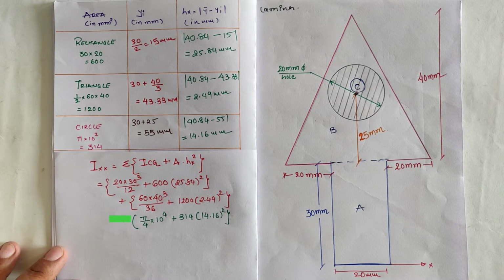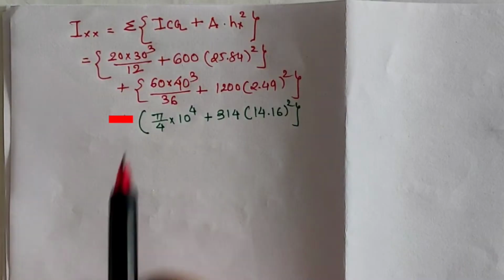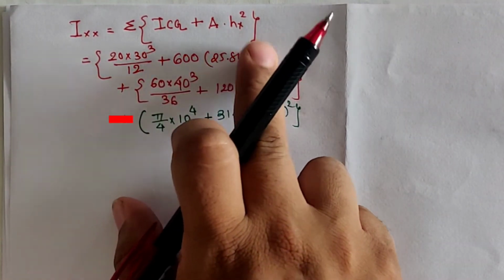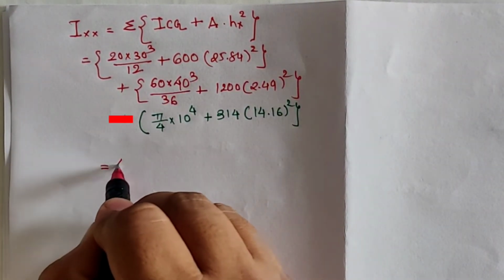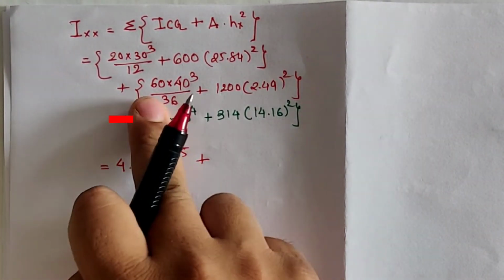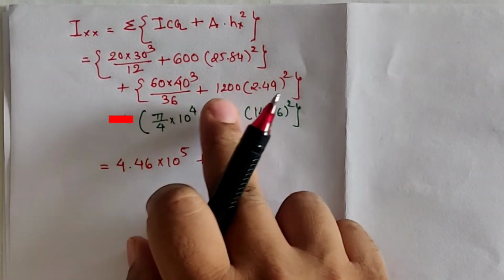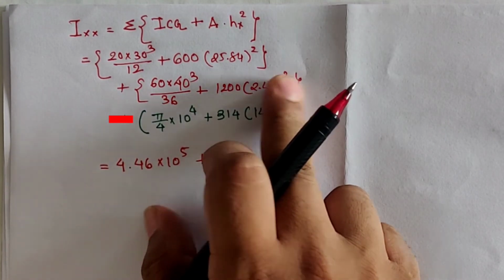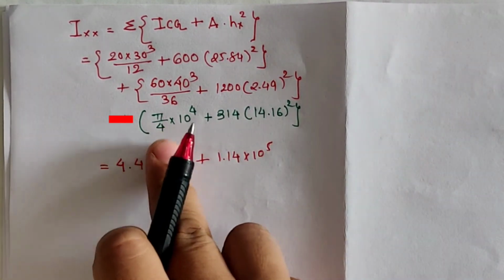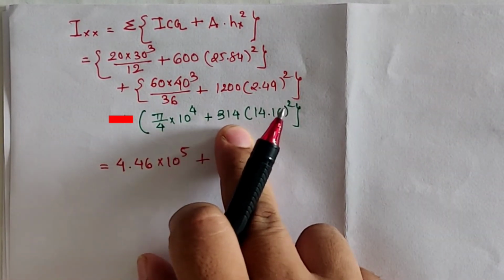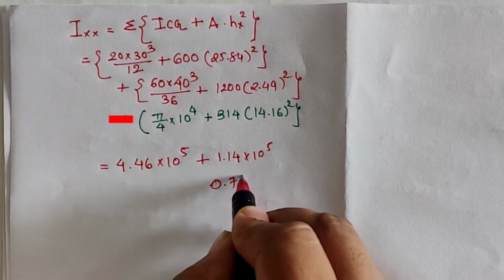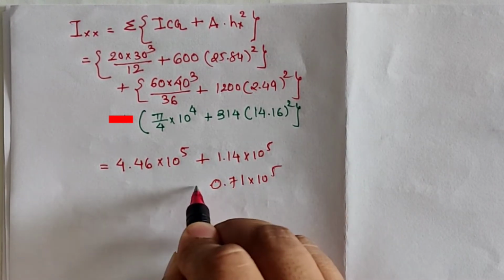Now calculating this whole term, we will have 20 into 30 cube by 12 plus 600 into 25.84 square as 4.46 into 10 raised to 5, plus 60 into 40 cube by 36 plus 1200 into 2.49 square as 1.14 into 10 raised to 5, and pi by 4 r raised to 4 plus 314 into 14.16 square as 0.71 into 10 raised to 5.